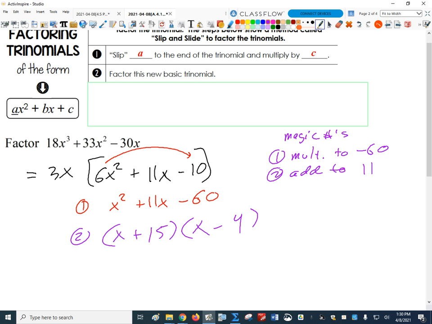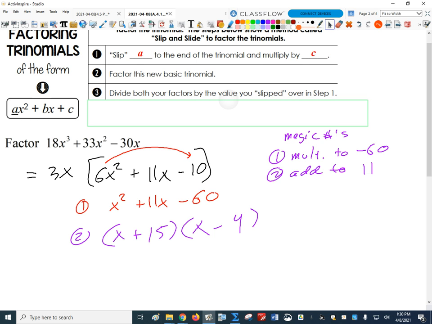What do we do next? Remember? Divide what? Divide the magic numbers by a, right? So next step, we're going to divide both of our magic numbers. By factors, that's a little confusing, so for us, instead of saying factors, that's our magic numbers, right?